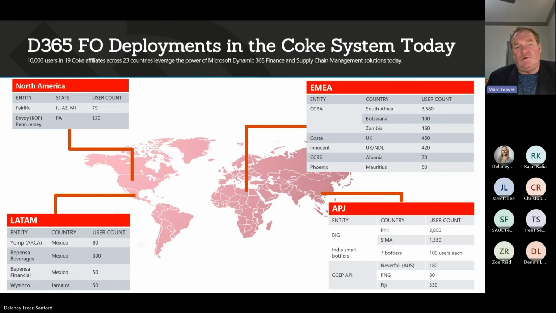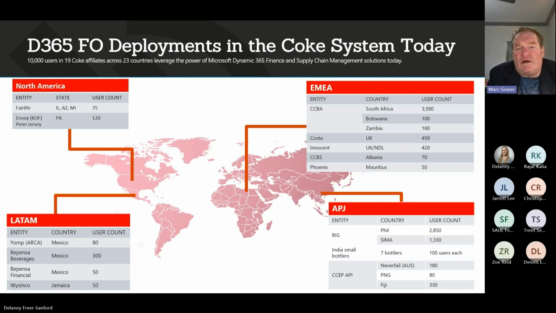Many of these were running EOSTOP at one time, and have moved on to Dynamics from GP. Others were running SAP, and we've managed to transition them over to finance and operations quite successfully.